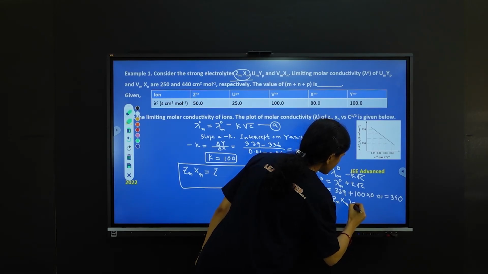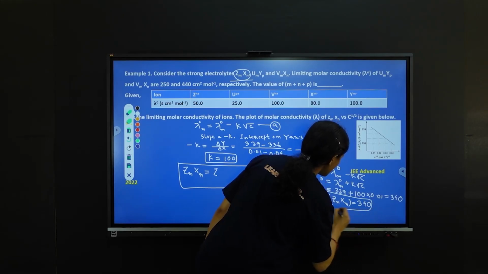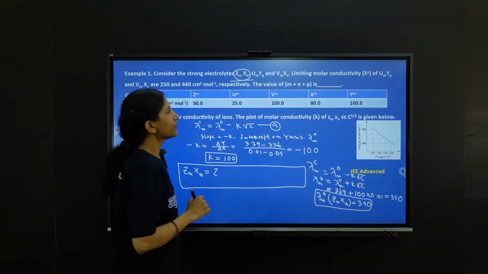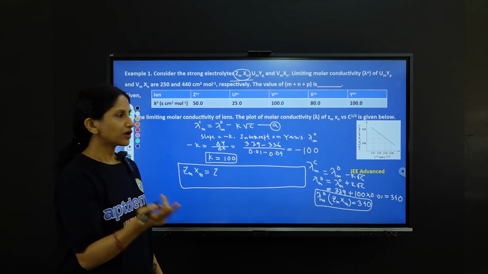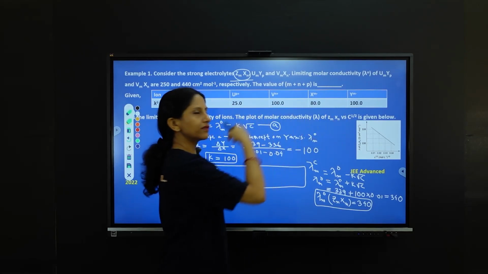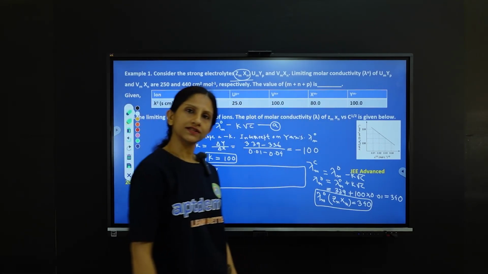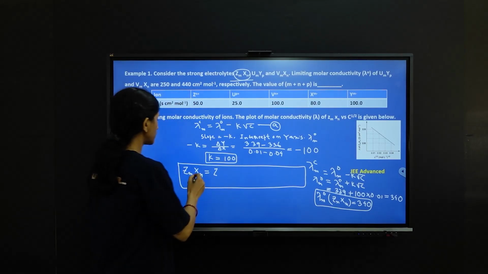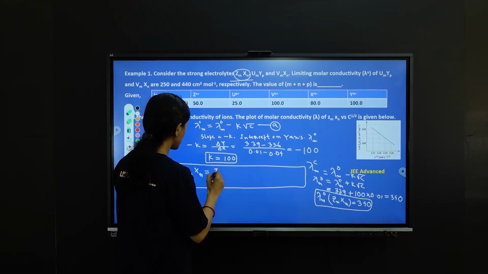So this is equal to 340, right? Lambda M0 values for the other two electrolytes are given, and for the first electrolyte we have calculated it as 340 from the given plot of lambda of ZMXN versus root C, right? So now for ZMXN, what can we write?